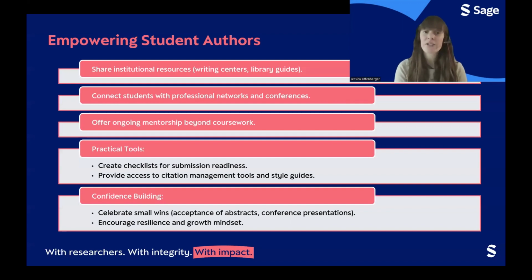You can also connect students with professional networks and conferences. Being able to attend conferences and various association annual meetings is a great opportunity for networking and learning, attending sessions to connect with new speakers and learn about new topics.